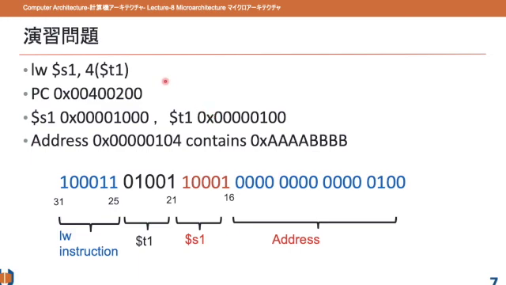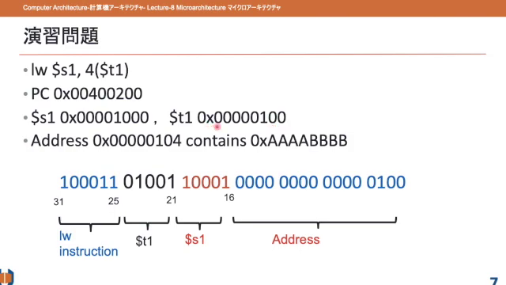Well, now let's solve the exercise. The instruction looks the same, a load word instruction. The registers are changed, the offset value is changed, and this is also changed. To calculate the memory address, you need to know what the T1 register contains. I give you that it contains this value.